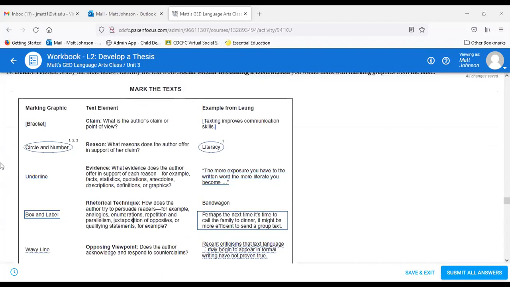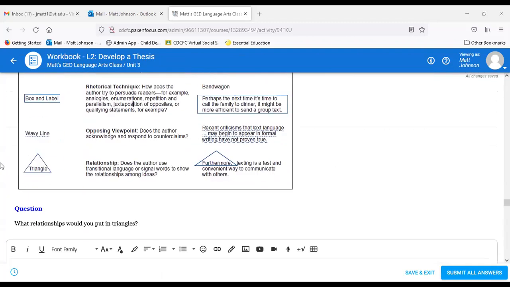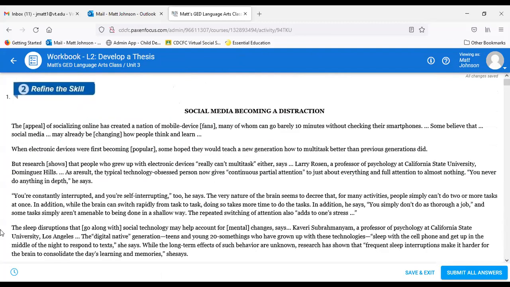And then our last one. Relationships: does the author use transitional language or signal words to show them? Let's go back and take a look again. Do you see any transitional language here? What's transitional language?